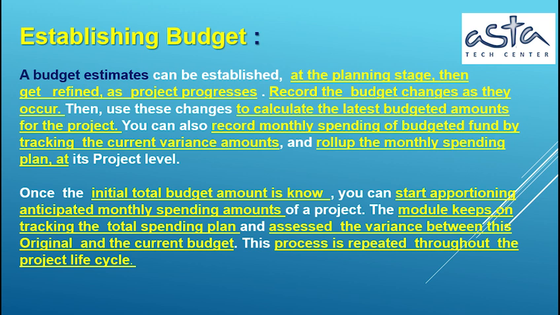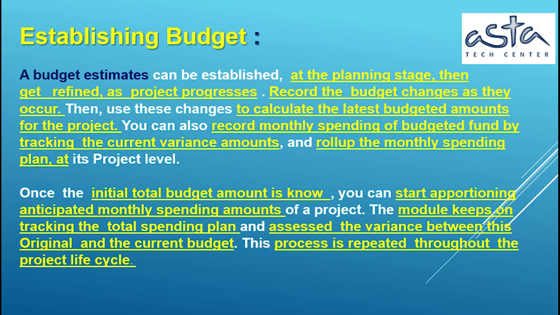Establishing budget. A budget estimate can be established at the planning stage, then refined as the project progresses. Record the budget changes as they occur. Then, use these changes to calculate the latest budgeted amounts for the project. You can also record monthly spending of budgeted funds by tracking the current variance amounts, and roll up the monthly spending plan at the project level.